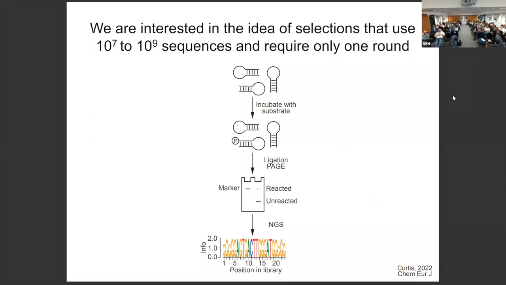I just want to emphasize here that an advantage of doing an experiment this way is that it's very quick, but a significant disadvantage is that these libraries are much, much smaller than those used for a conventional selection experiment. So for us, one of the tricks is thinking about uses where this restricted library size can still be useful.